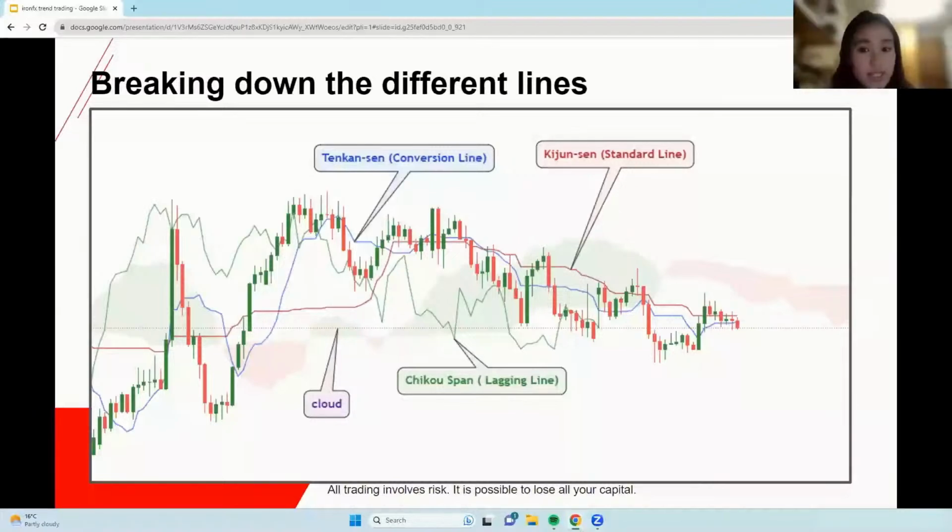Chikou span, which is the lagging span, is the current closing price plotted 26 periods behind the current time. So these are pretty technical meanings of what the lines mean. But we typically will only look at the cloud. It depends on your own trading strategy.